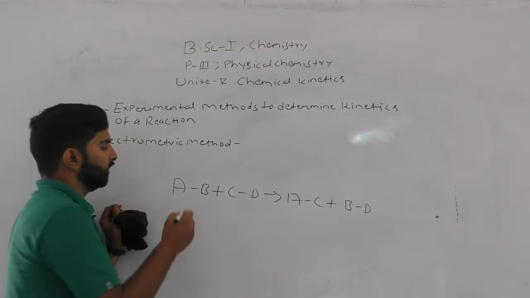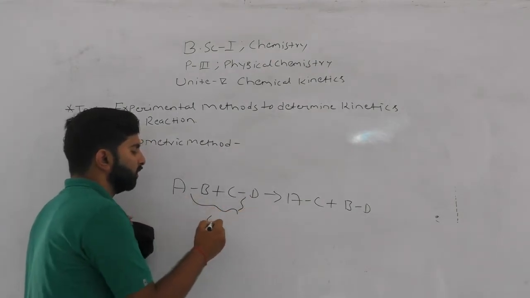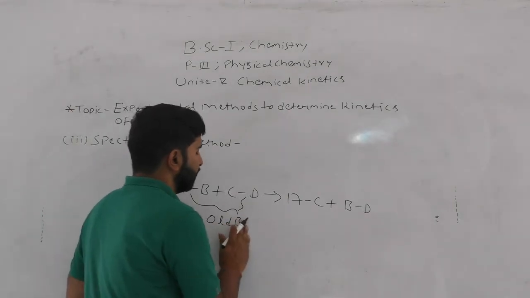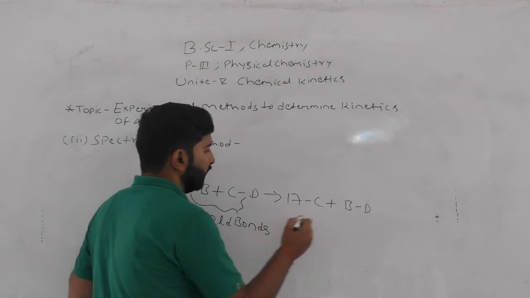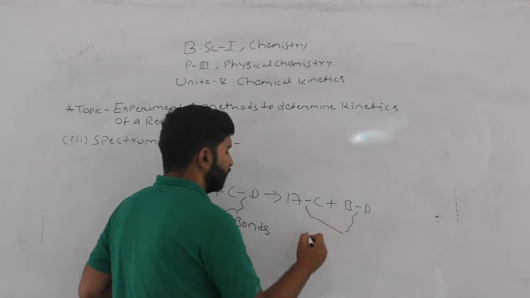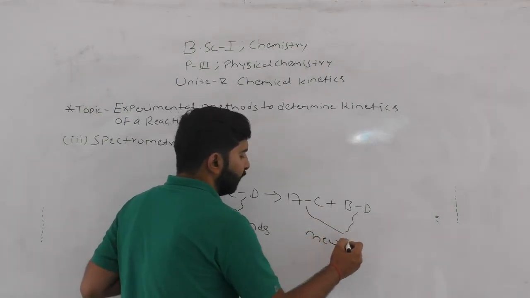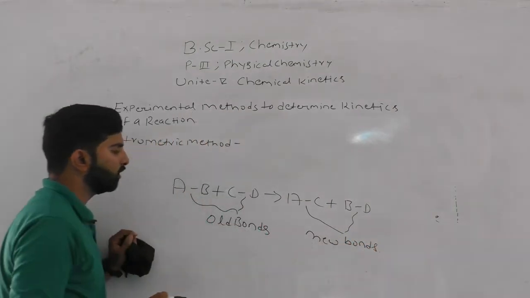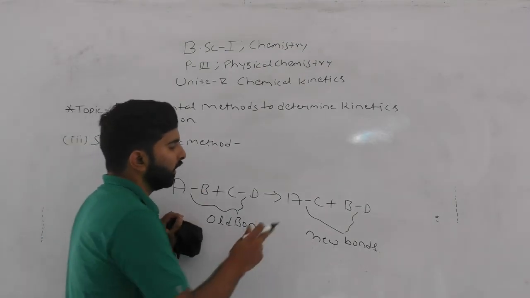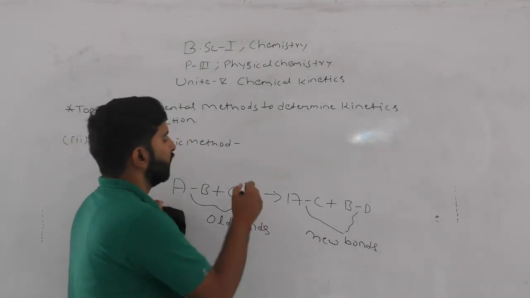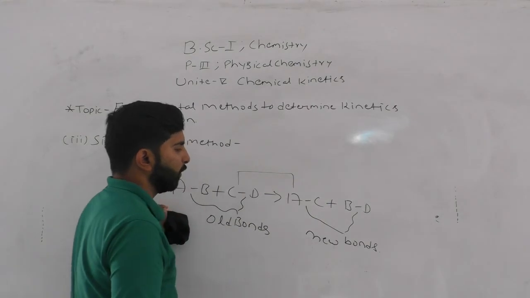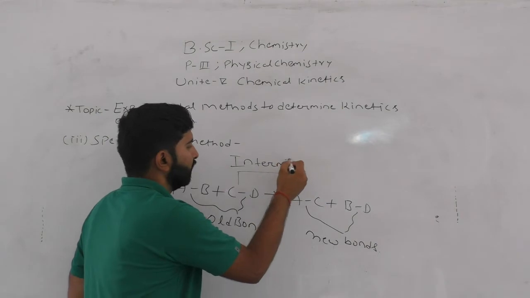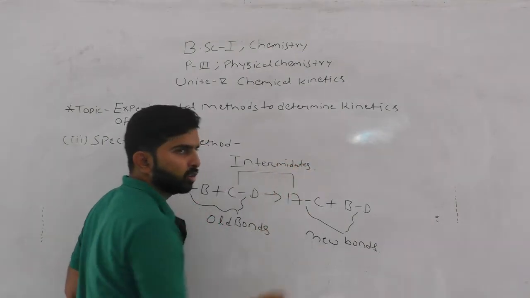In a chemical reaction old bonds get broken and new bonds get formed. Between the reactant and product some intermediates also form.